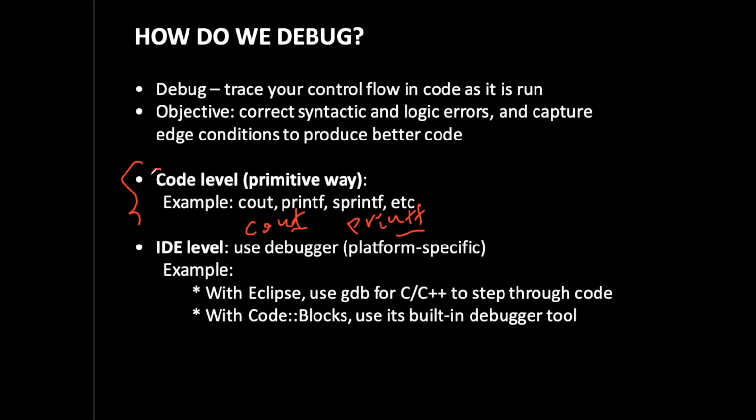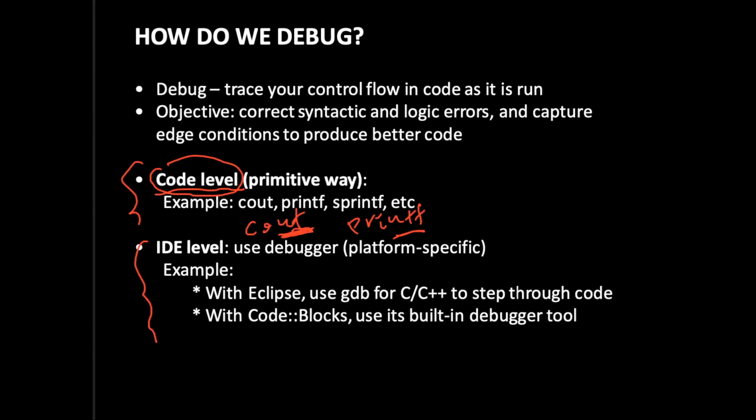So this is also where, as a best practice, we will mandate developers remove all of this unnecessary cout and printf, and leave the standard logging to a file or some sort of remote server, and never write in your code these debug statements that don't mean anything in production, right? So that's the code level debug.